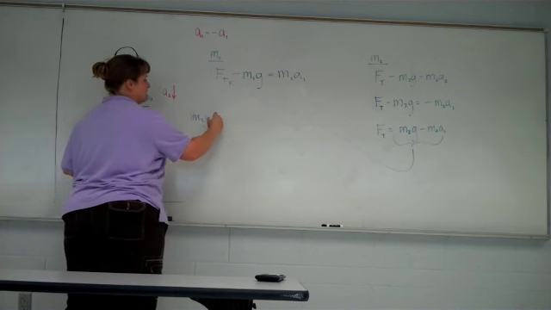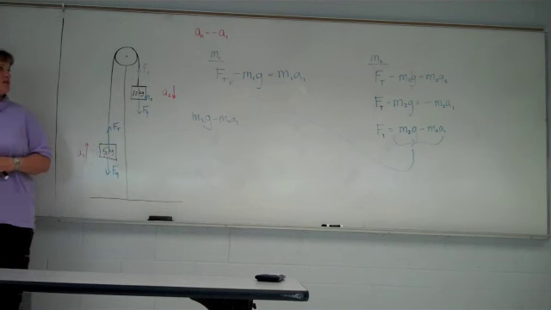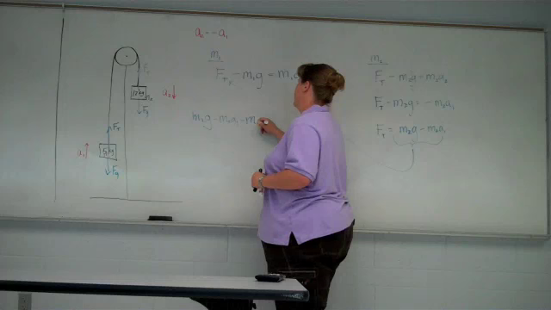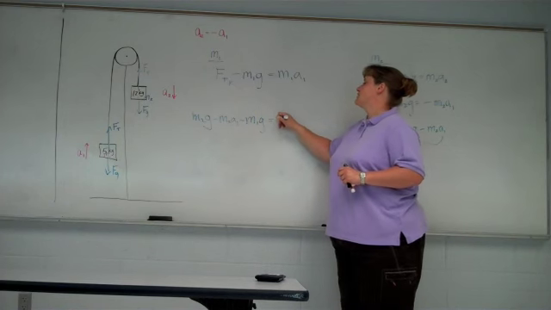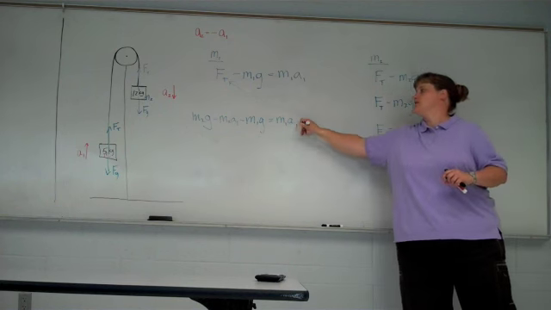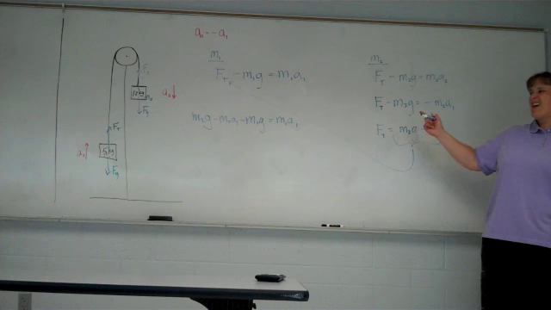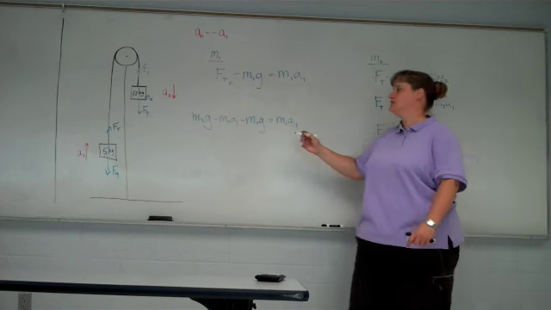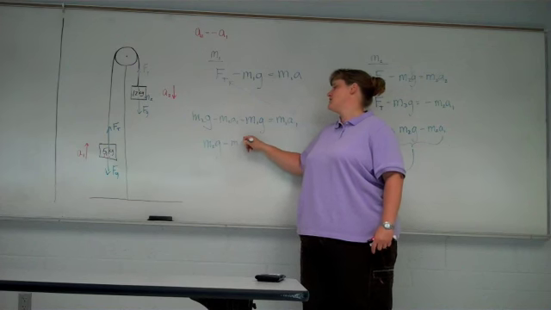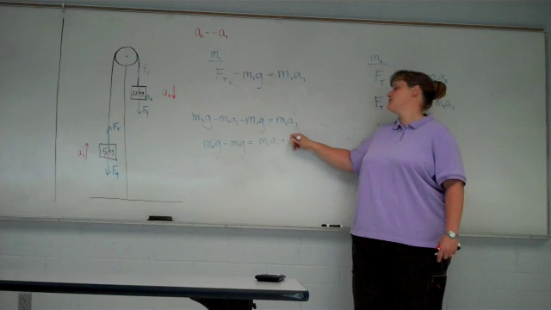So m2g minus m2a1, that's the force of tension, minus m1g is equal to m1a. Oh, a1 still, sorry. Bringing the a1 terms to the same side, we're going to have m2g minus m1g equal to m1a1 plus m2a1.